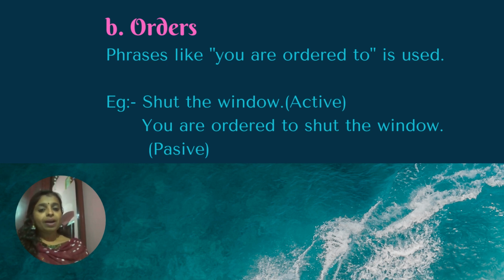So, you are ordered to is prefixed. Prefixed means it is put before the sentence. Okay, that's all. You are ordered to shut the window is the passive form of the order.